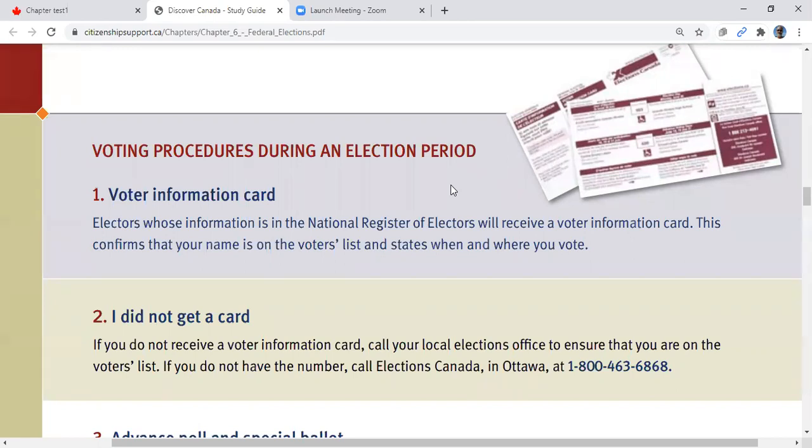If you do not have the number, call Elections Canada in Ottawa at 1-800-463-6868.